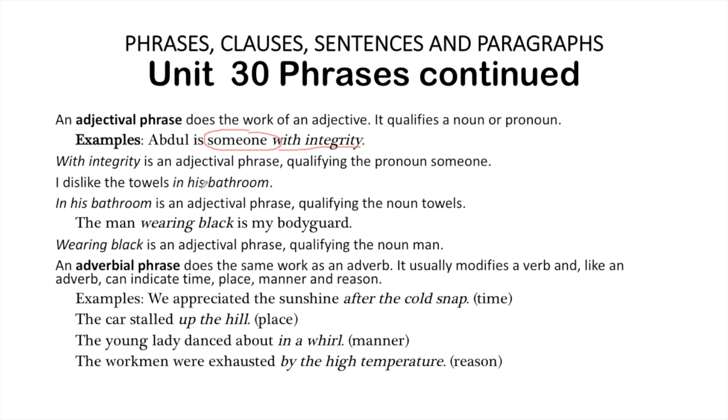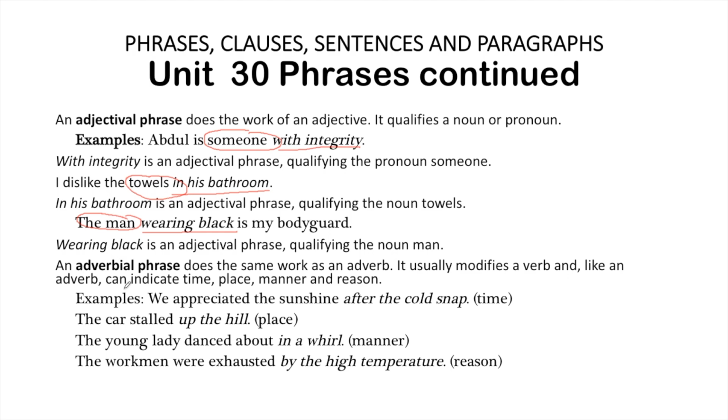I dislike the towels in his bathroom. In his bathroom is the adjectival phrase qualifying the noun towels. The last one here: the man wearing black is my bodyguard. So wearing black has been italicized here, and it is an adjectival phrase. It's description qualifying the noun the man.